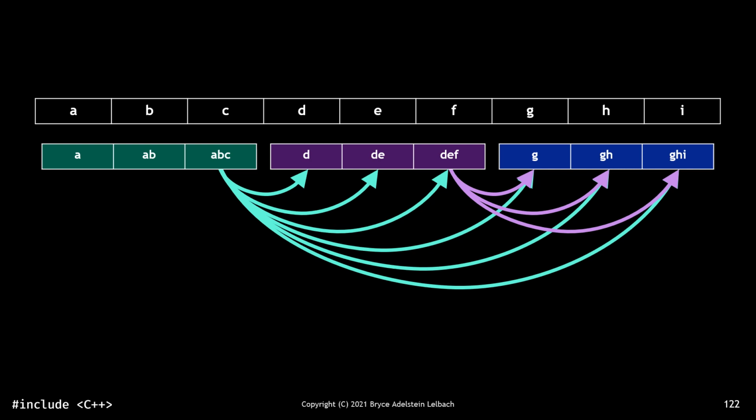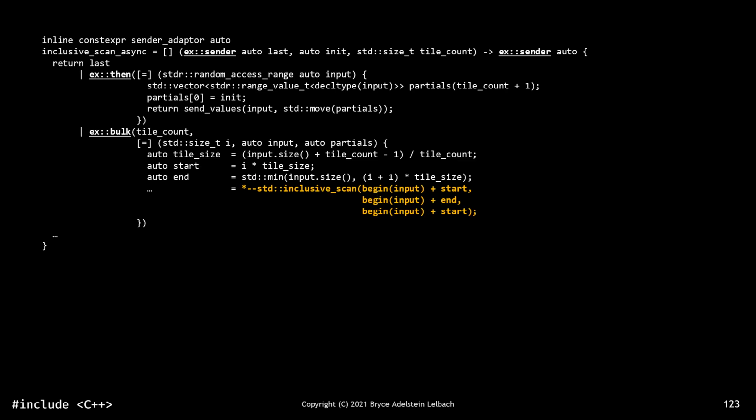Next, we need to propagate information between the tiles. The sum of each tile needs to be added to the elements of all preceding tiles. We've already computed that sum. It's the last element of the local inclusive scan. We store that result into the partials vector.